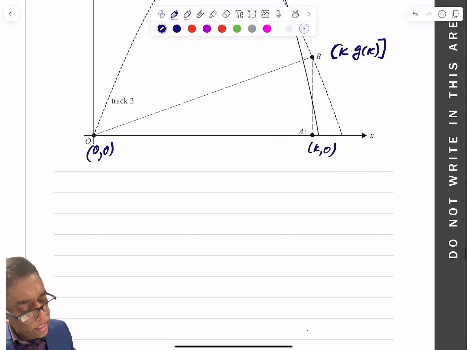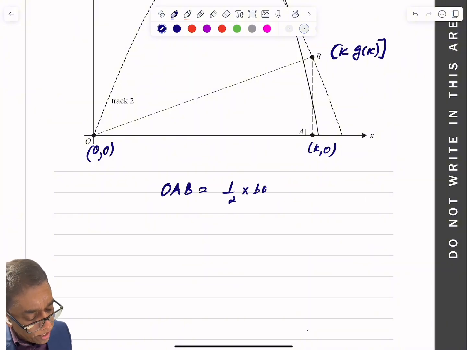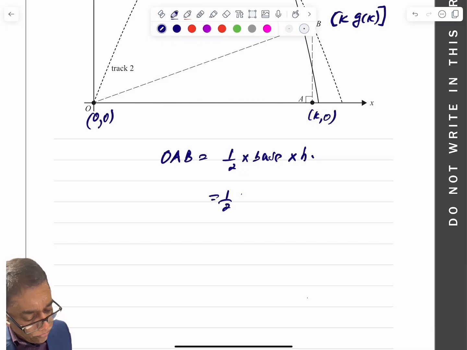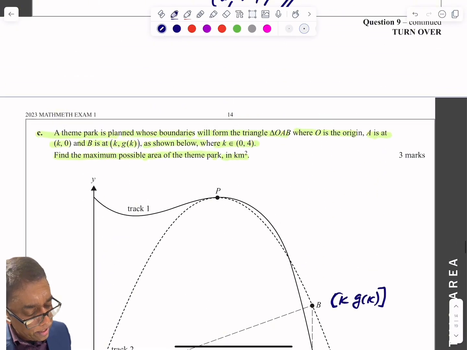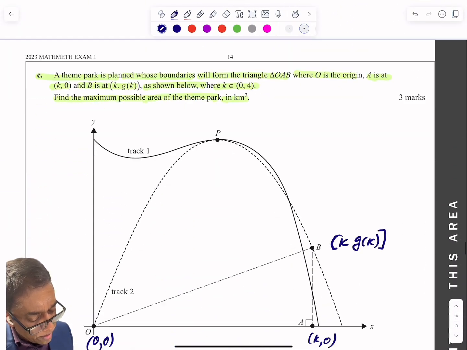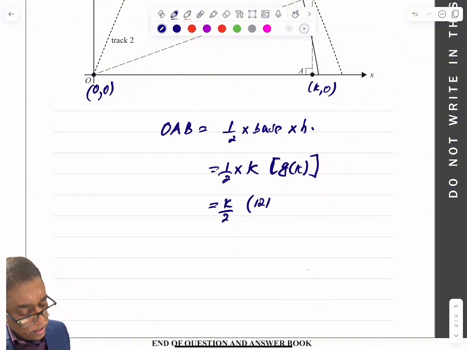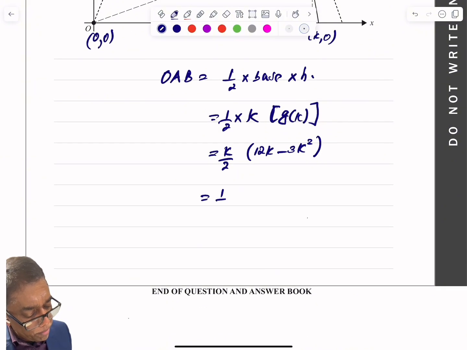Then the area of triangle OAB is half times base times height. Half times, what is base? Base is k. The height is g(k). So k over 2 times g(k), which is half times 12k squared minus 3k to the power of 3.